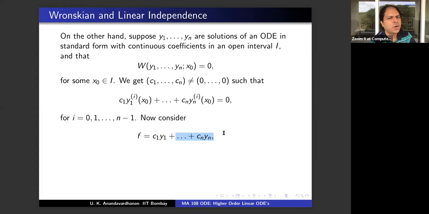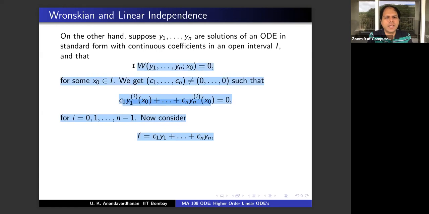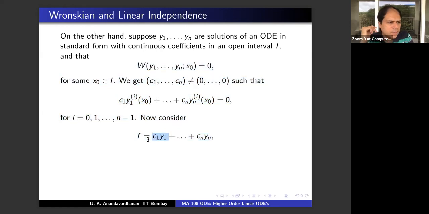Earlier, when I had only f and g, I said one of them you can assume is not identically 0, and therefore it is non-zero at a point, and therefore by continuity it is non-zero in some subinterval, and then I considered the function g by f, and I considered its derivative. I used that, but I could have done it like this also. In fact, this is better because this generalizes to n very nicely.